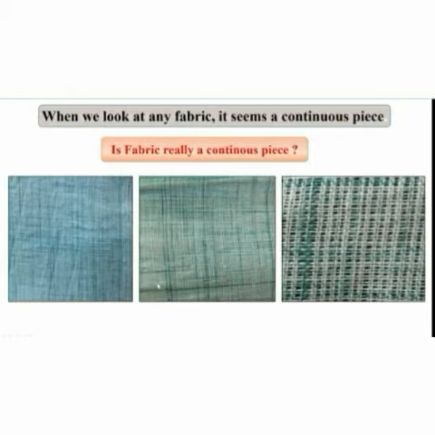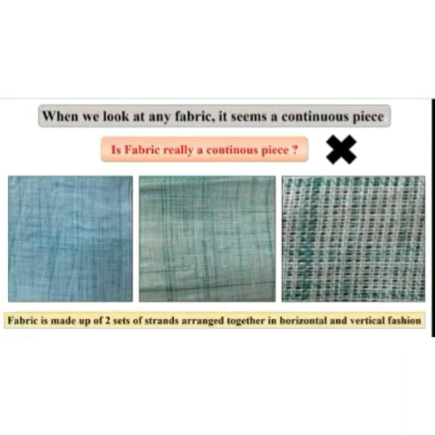What did you notice when you zoomed your camera? You will observe that from some distance fabric seems like a continuous piece, but actually it is not. Why? As you observe it more closely, you will notice that fabric is made up of two sets of strands arranged together in horizontal and vertical fashion.